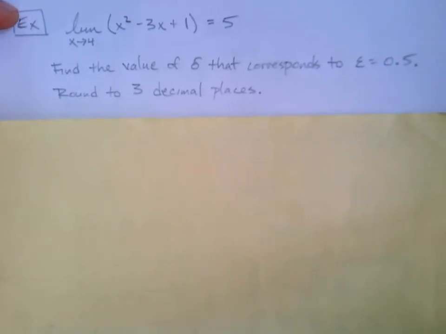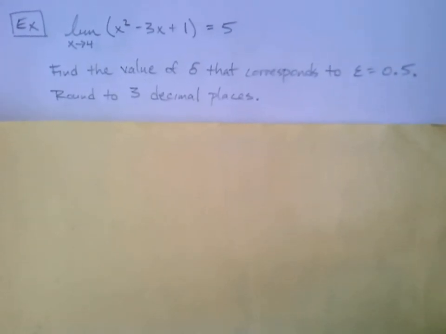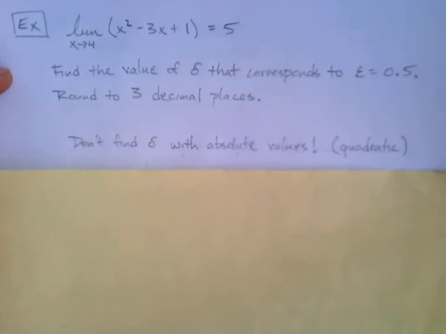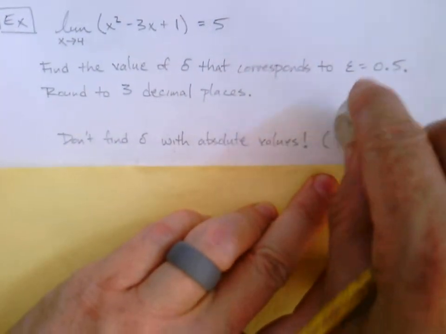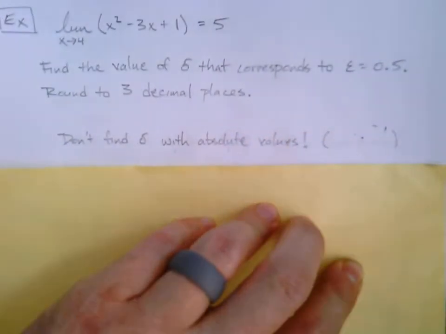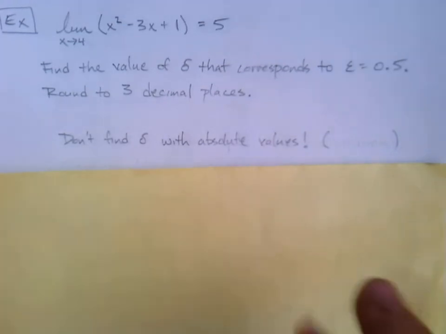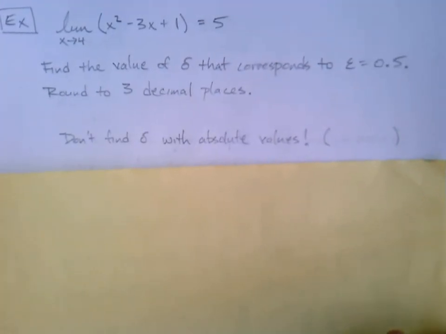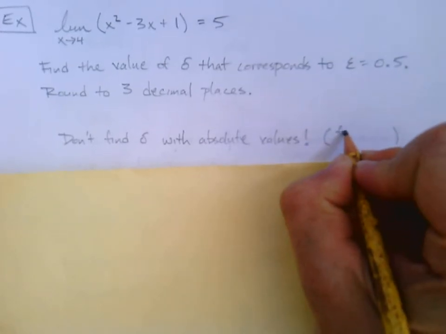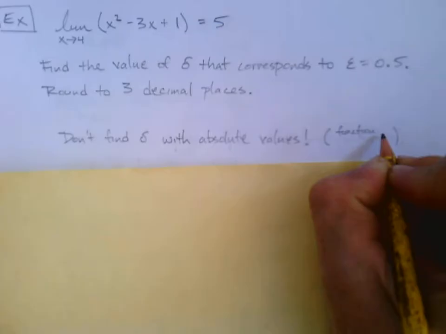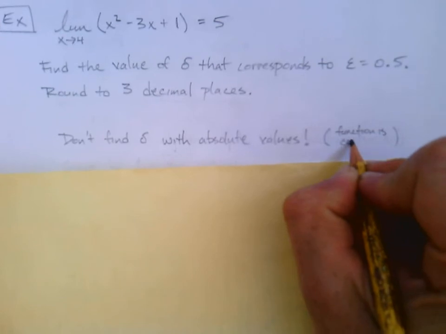Okay, so part of our approach is going to change from the very beginning. I've just got this note here. We're not going to find delta by solving an absolute value equation, because our function is curved.